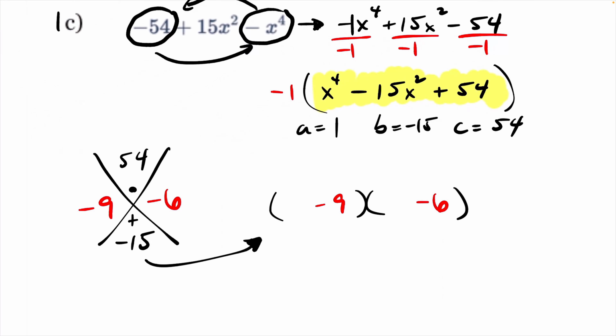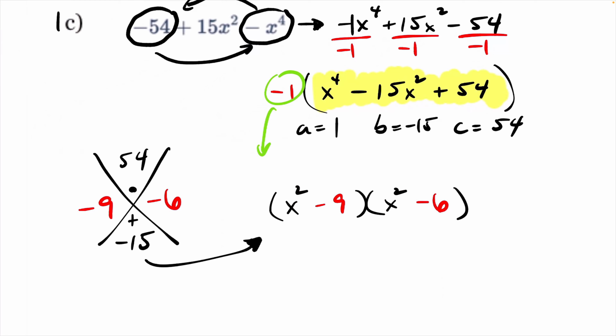So what goes in front of negative 9 and negative 6? Not x, x squared, because there's a 4 up here, right? The power was 4. When we did ABC, the power was 4. Now we're going to half it, so it's going to be x squared and x squared. And then GCF, don't forget about that guy.